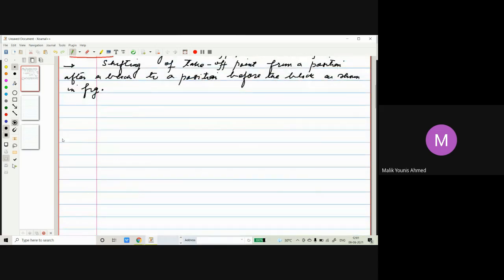So what is the scenario here? This is your transfer function.